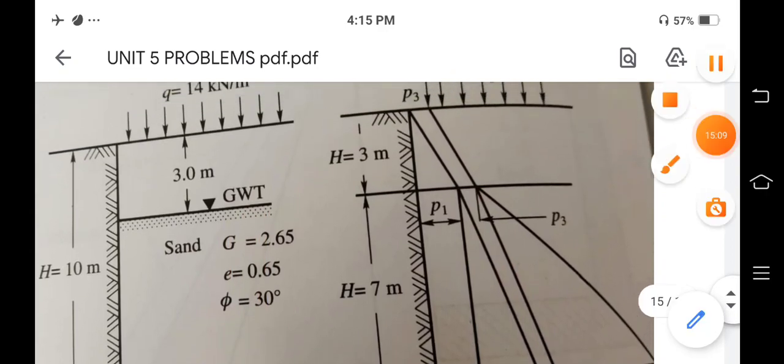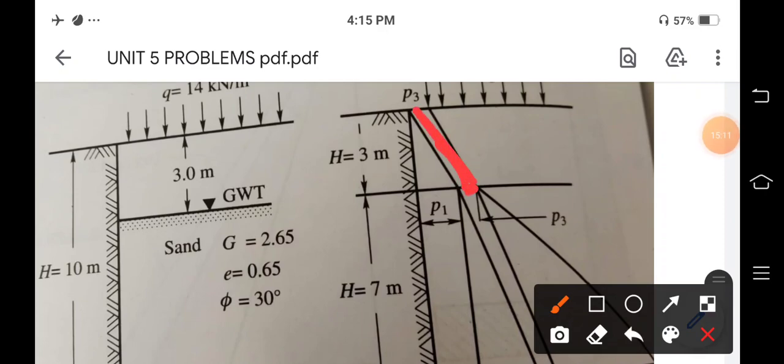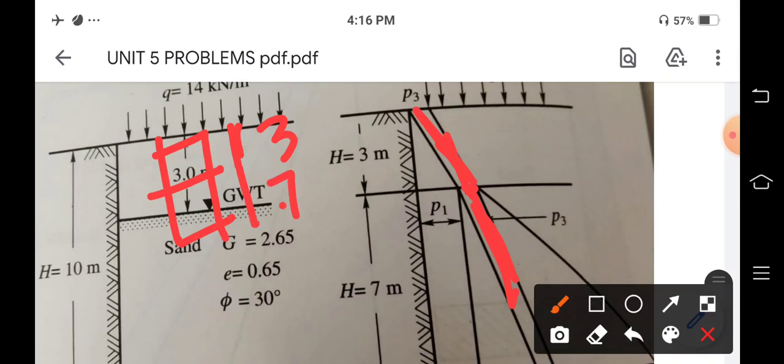We have to add these heights, taking a straight portion instead of this inclined portion. So, this is 3, this is 7, and this value is P3. Our area will be P3 into 10, or we can also write P3 into H1 plus H2, where H1 is 3 and H2 is 7.